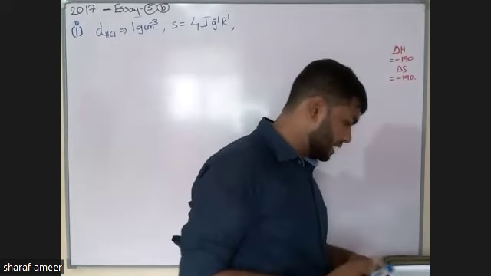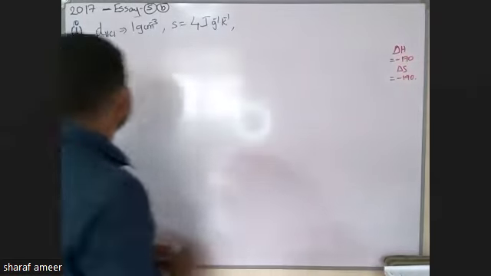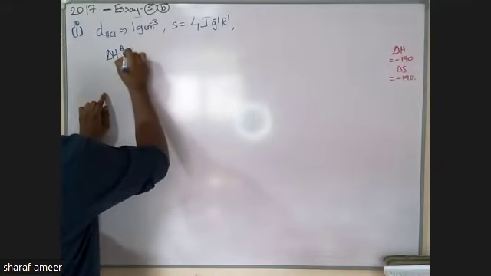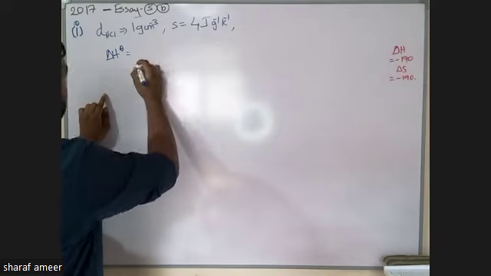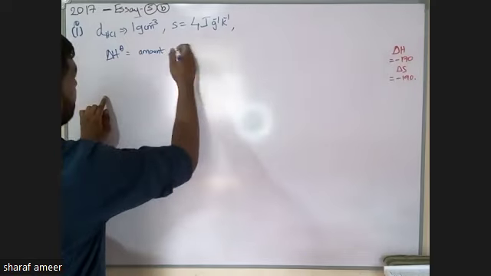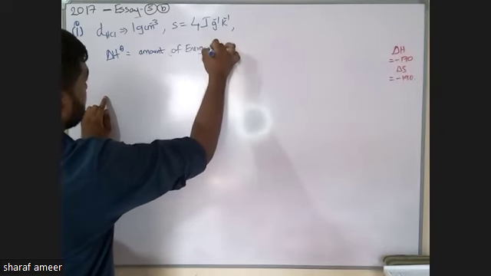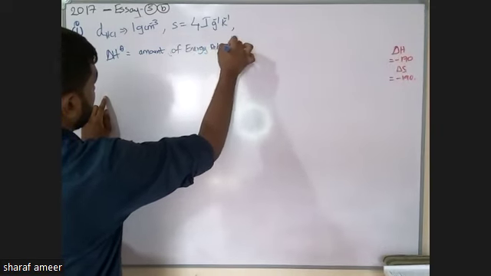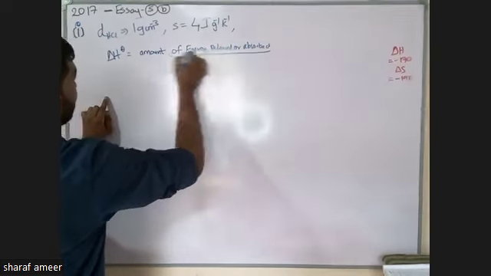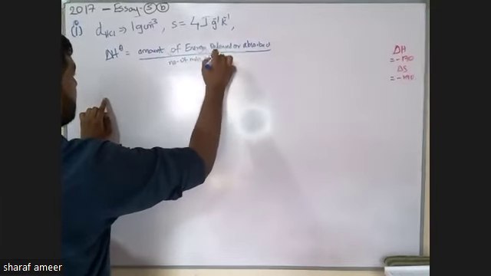So in this case, first of all, consider the equation for delta H theta. Enthalpy means the amount of energy released or absorbed divided by the number of moles of the substance.